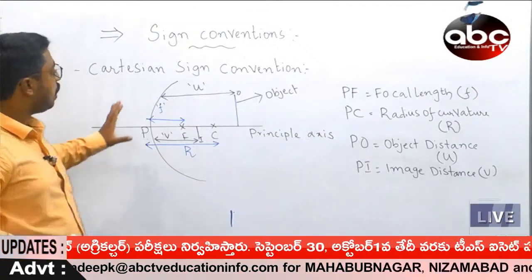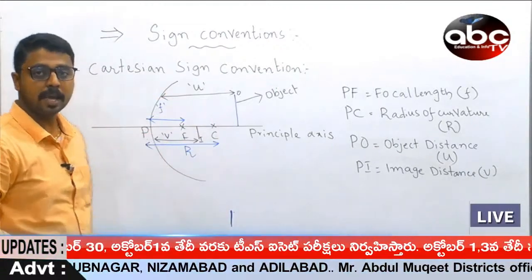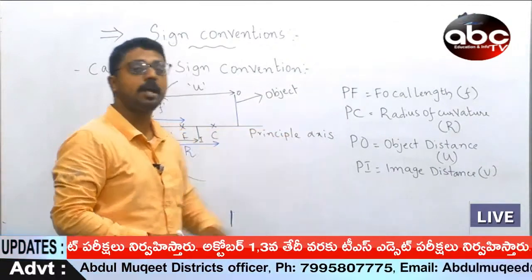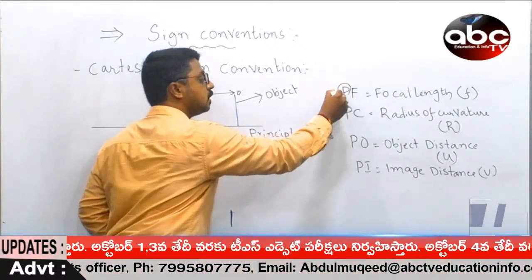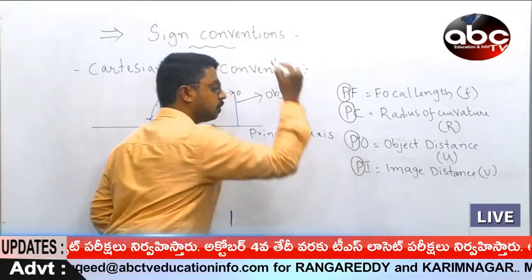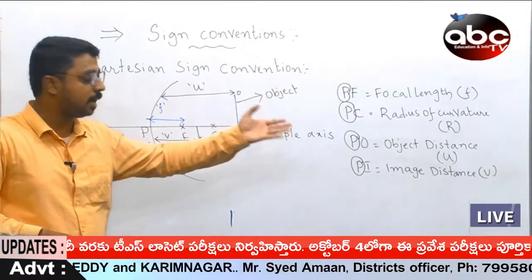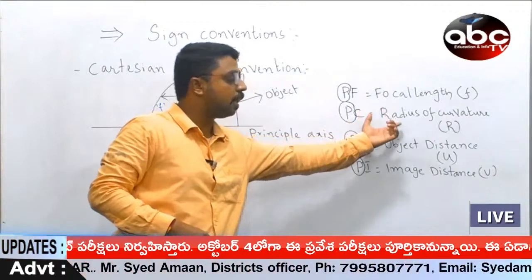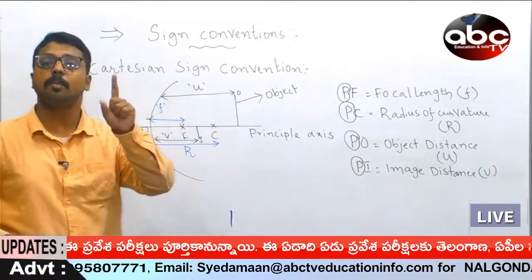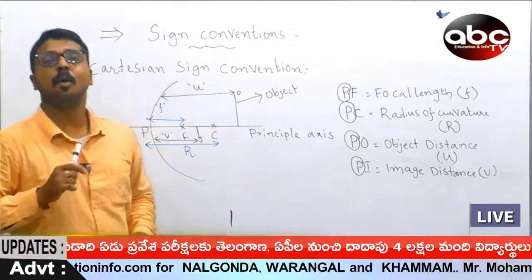If we look at all these points, whatever distances we take, all originate from a fixed point called the pole. Whether it is focal length, radius of curvature, object distance or image distance, all the points start only from a fixed point, that is P, the pole.